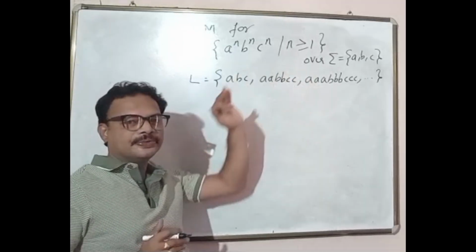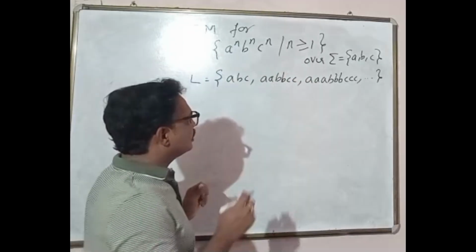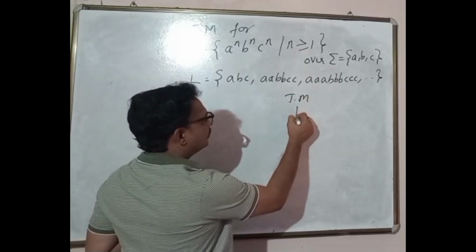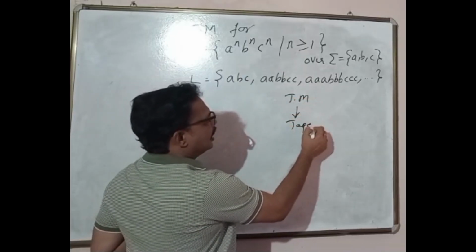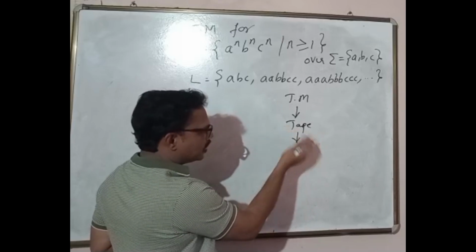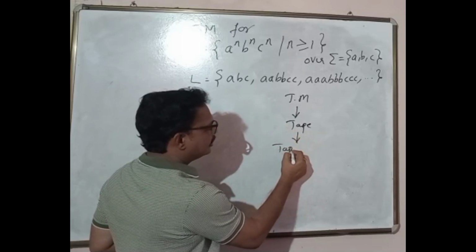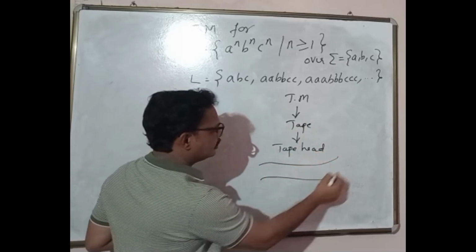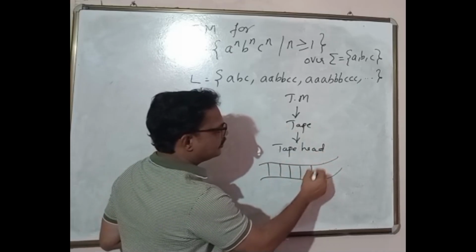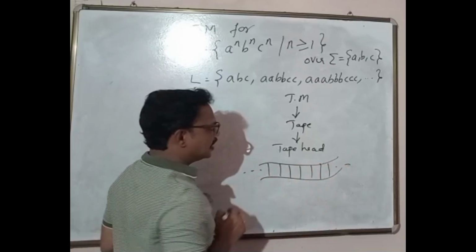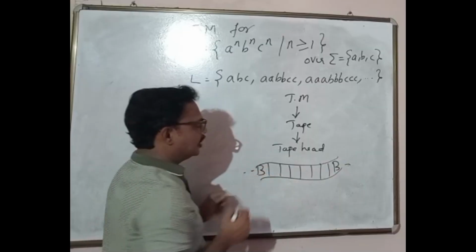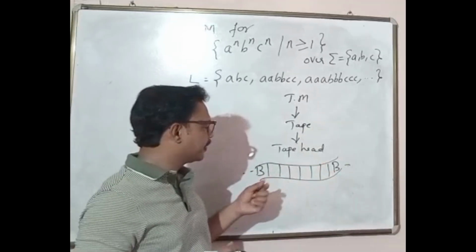As we know, a Turing machine has a tape associated with it, and the tape is associated with a tape head. You can imagine a tape with n number of cells, and by default all the cells will be blank.